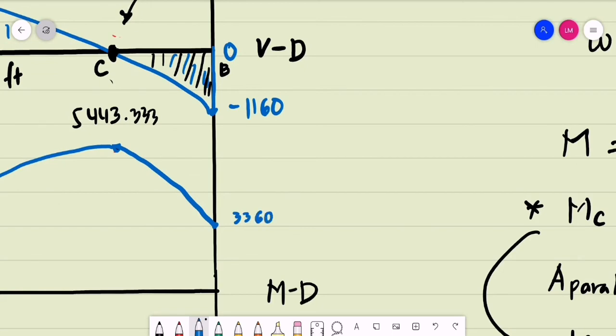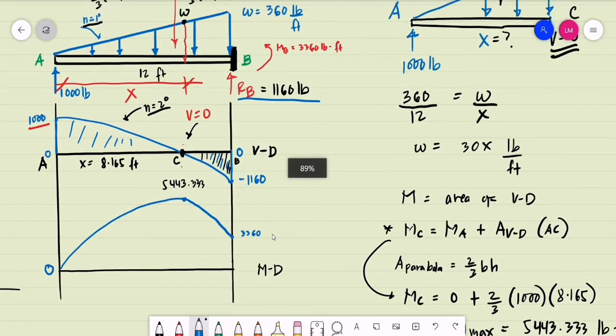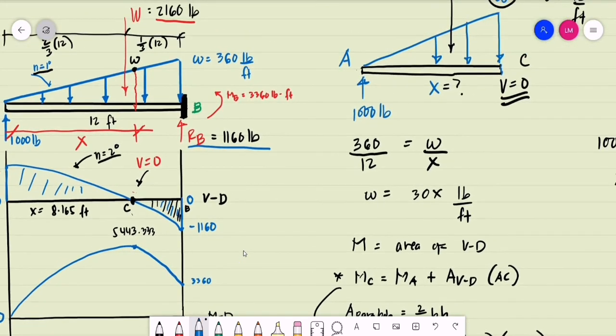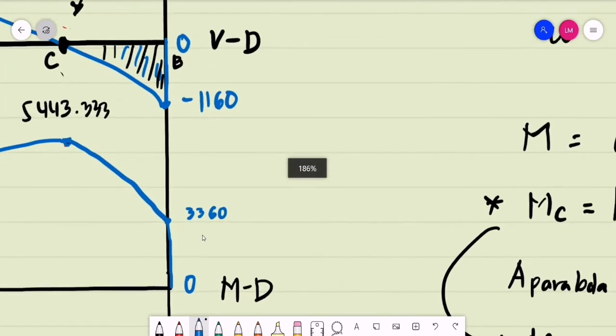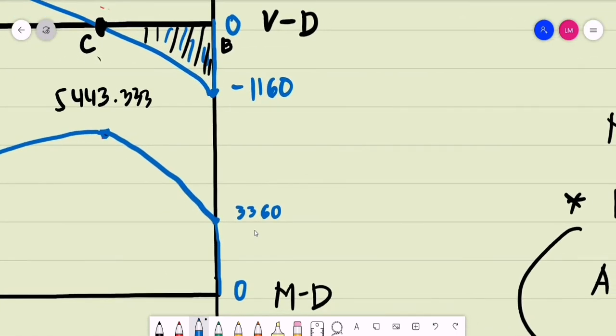But at point B, we have a moment that is equal to 3,360 pounds-foot. It is counterclockwise, and it is assumed to be negative. So if we do the summation, that will give us a value of 0 for equilibrium. The moment at B is 3,360 pounds-foot.